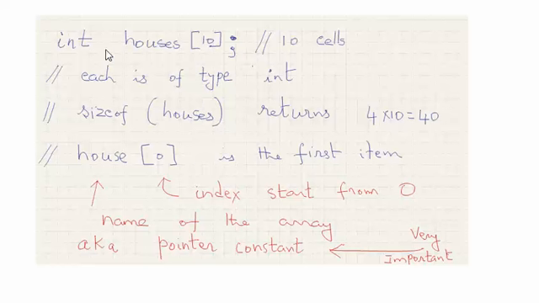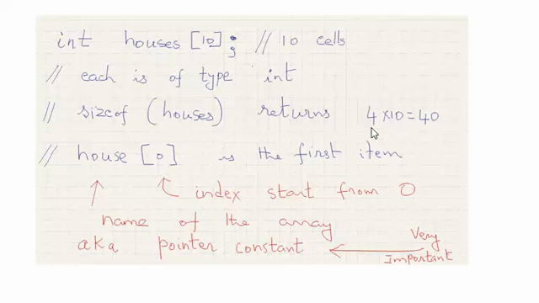Let's take a simple example here. I've declared int houses with 10 cells, each of type integer, and we use the sizeof operator, and you pass in the array name.